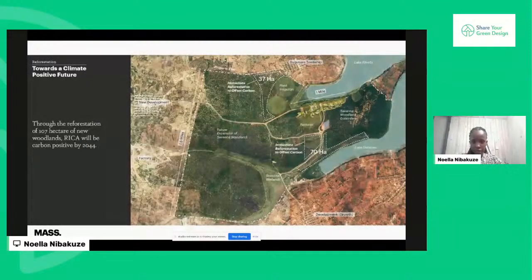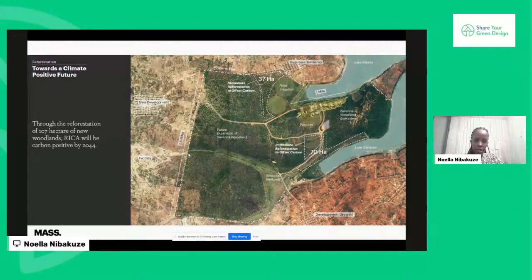Like I said, this is the map we developed for that replanting, being conscious of using only native trees, so that we can offset these emissions and become carbon positive.